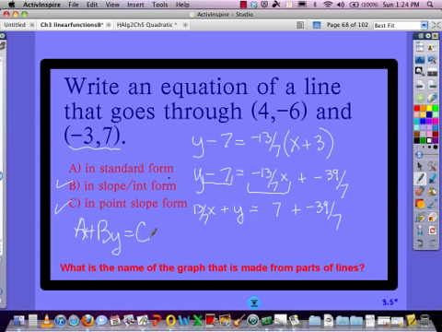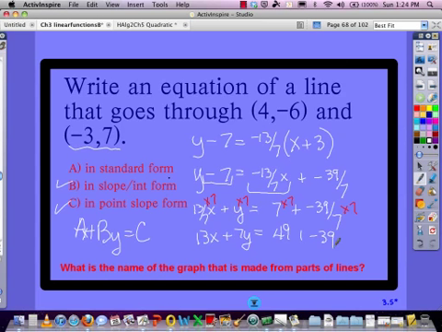So at this step right here, it makes sense to go ahead and multiply every single term, because our denominator is a 7 all the way around. Make every single term 7 times bigger, which will help us eliminate our fractions. So we're going to have 13x plus 7y equals 49 plus a negative 39.